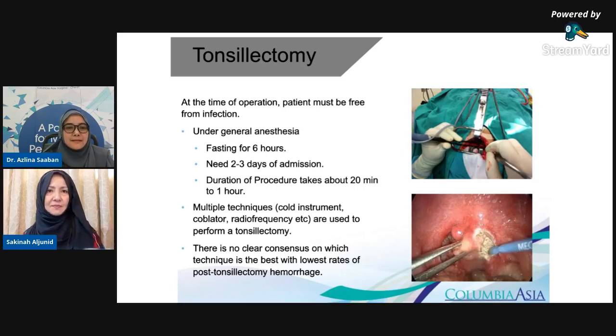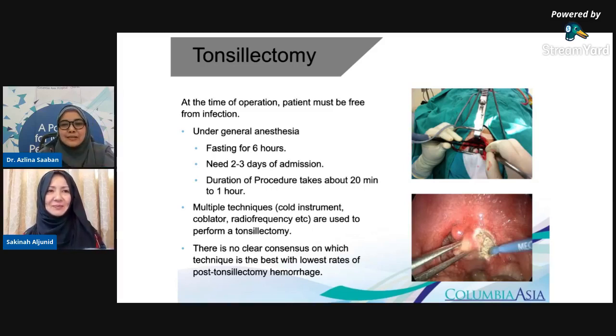Yeah, definitely under general anesthetic, and then we open the mouth using a mouth gag, because the patient is unconscious. We operate and remove the tonsil through the mouth. I see, that's quite deep inside. Not so deep, manageable. From a layman's point of view, it does look very deep and uncomfortable.